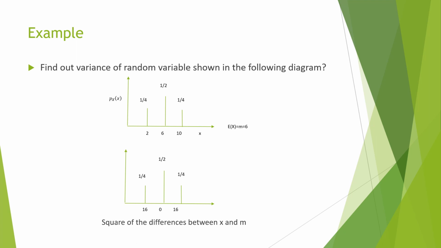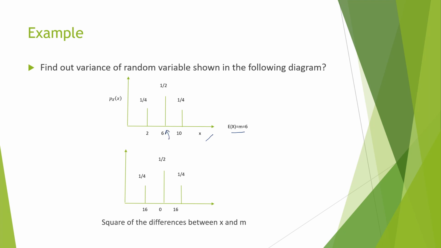We take one example for finding the variance of a given random variable. This is the PMF given to us. We need to find the variance for this particular PMF. From the previous example, we calculated the mean value of this particular variable as 6. If we go by the center of gravity, it is at 6.